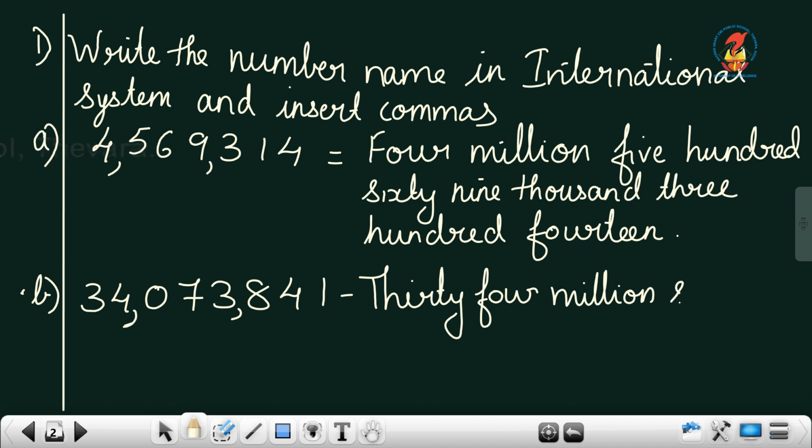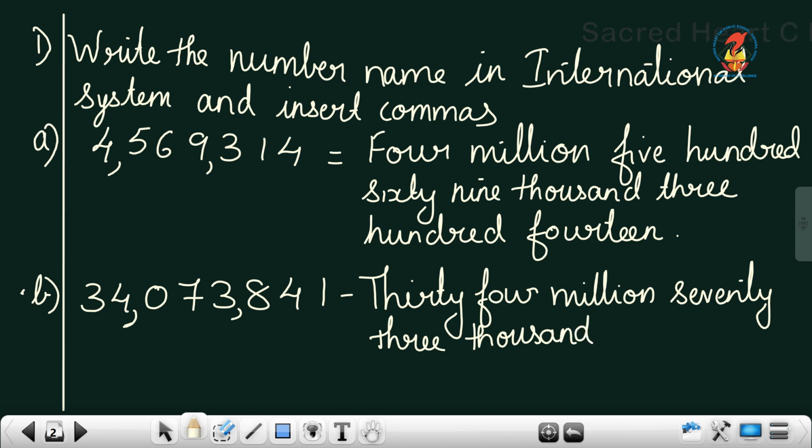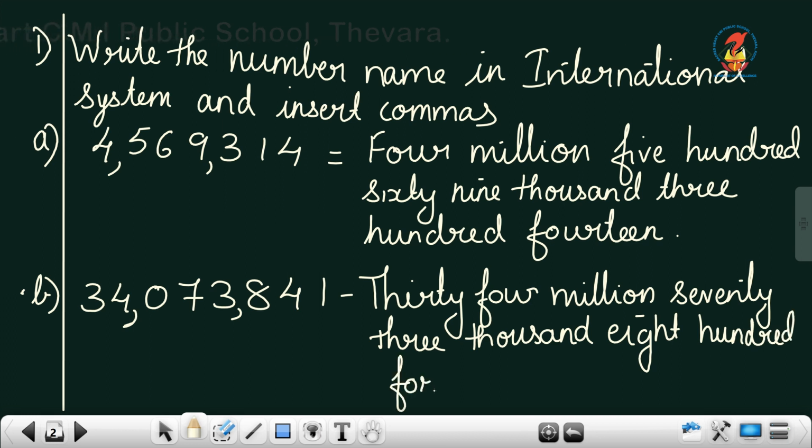So, you get 73,000. Because it is thousands period, so you have to include the 1000 here. 73,000. Then you have the ones period. Read it together. 841.